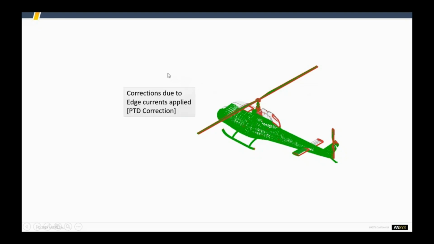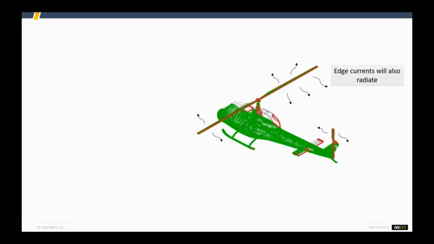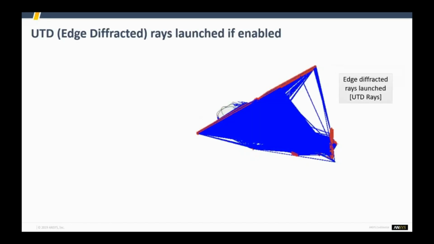That's where corrections due to the edge currents are applied. So the PTD correction will be applied in this scenario. The edge currents will also radiate. The edge diffraction ray is launched if it is enabled.